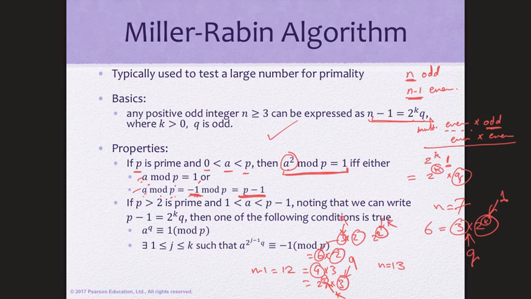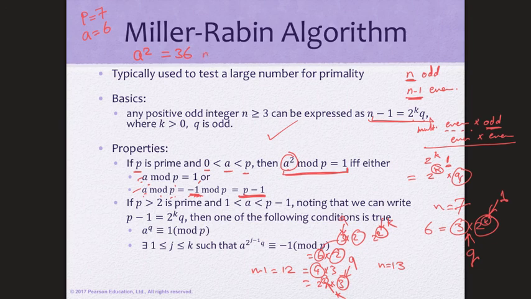Now let me try something with you. Let's take our prime, for example, equal to 7. And let's take our a equal to 6, right? Now, a squared is equal to 36.